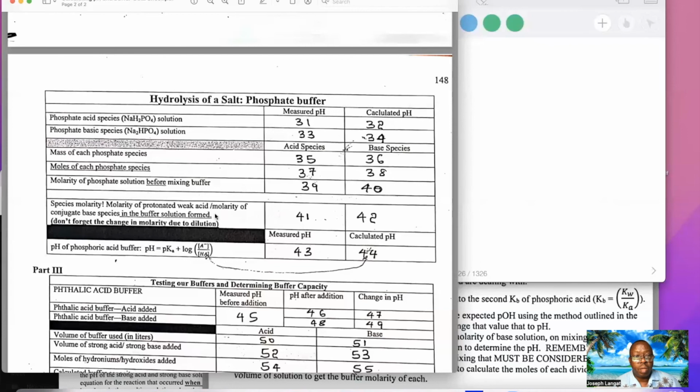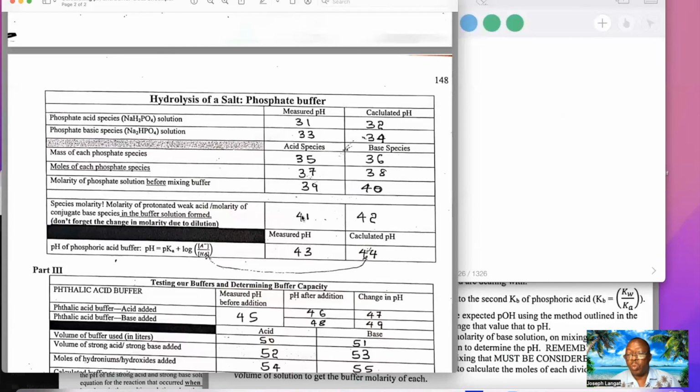You see here, this is the molarity of the protonated weak acid and the molarity of the conjugate base in a buffer solution. Do not forget the change in molarity due to dilution.